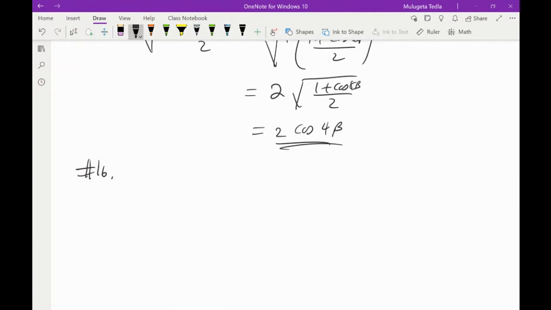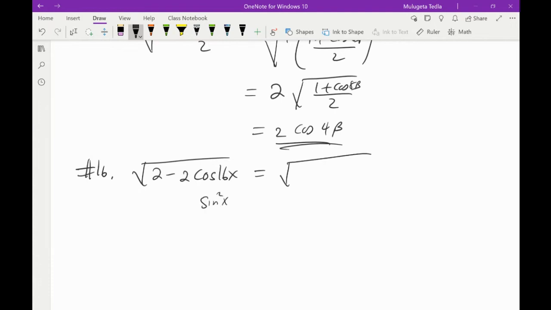Number 16, and we have a missing number which is not completely given to us as a formula. There is a 2 missing and there are 2 multipliers in there. I will use the same way I did before. I recognize this as sine squared, isn't it?